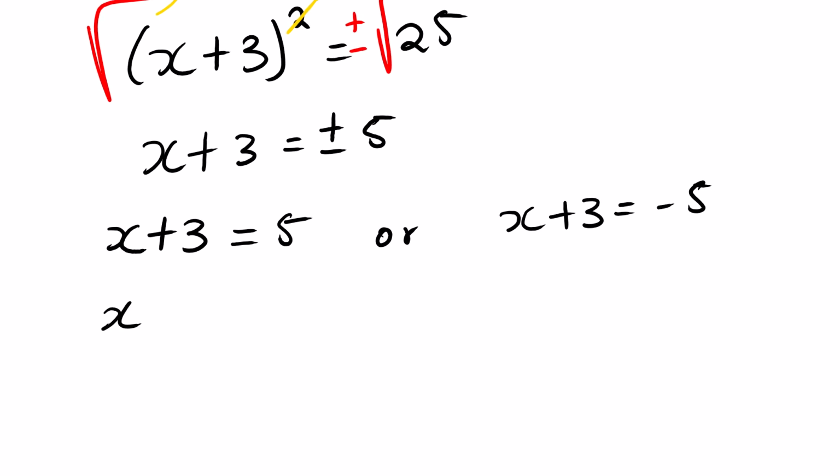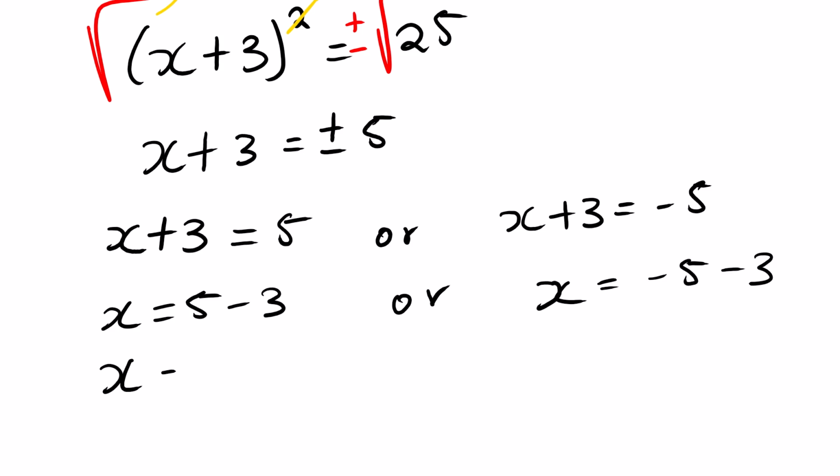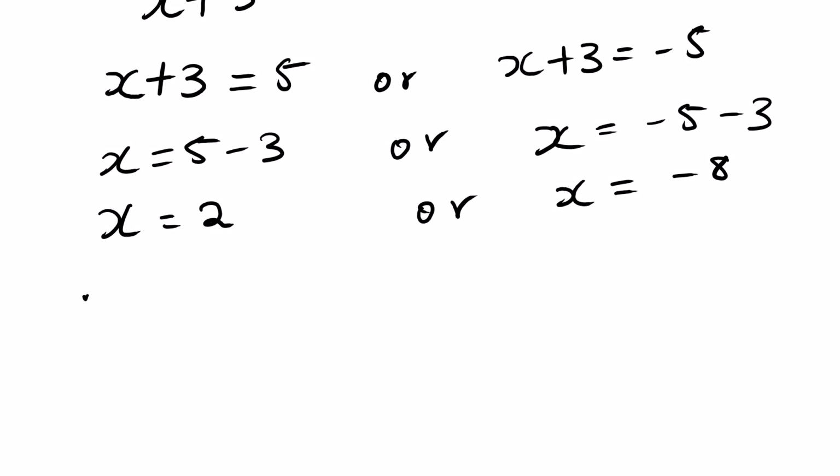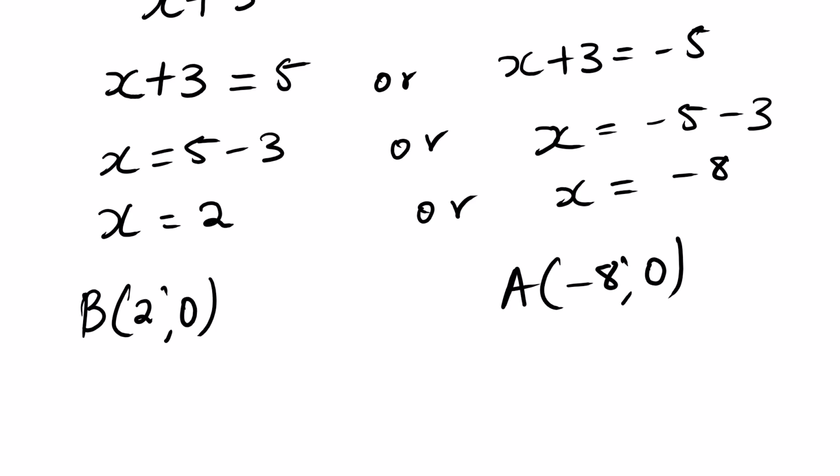Then from here, x is equal to 5 minus 3, or x is equal to -5 minus 3. And then we have x equal to 2, or x equal to -8. And then we say this is B, 2 maps 0, and then A is -8 maps 0.